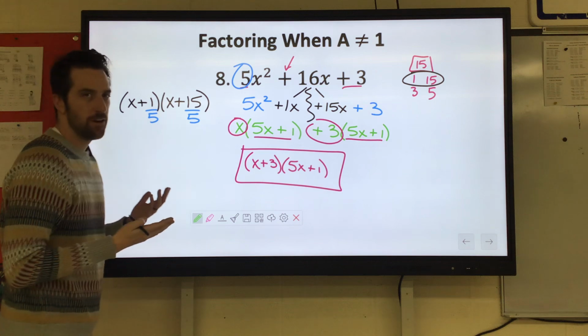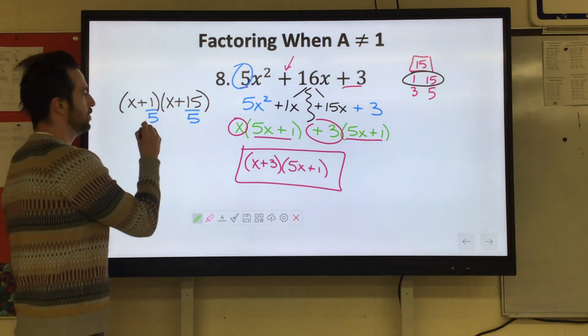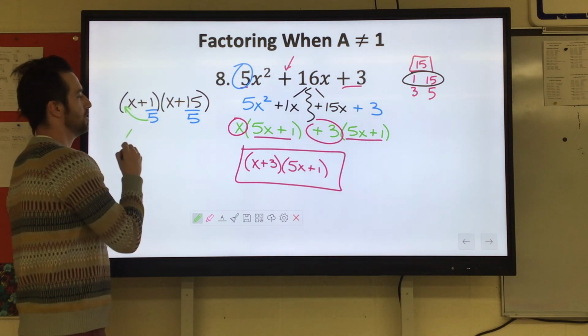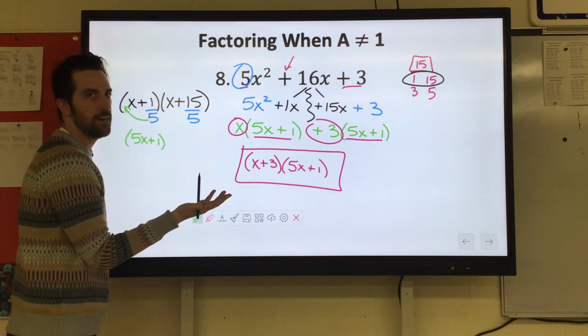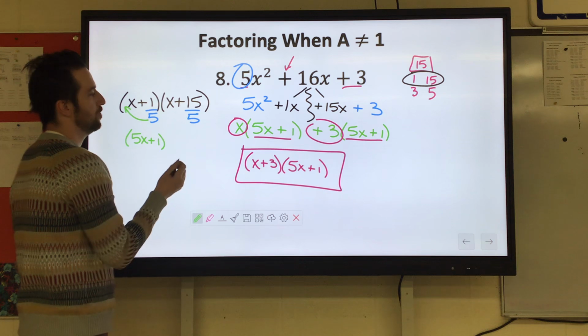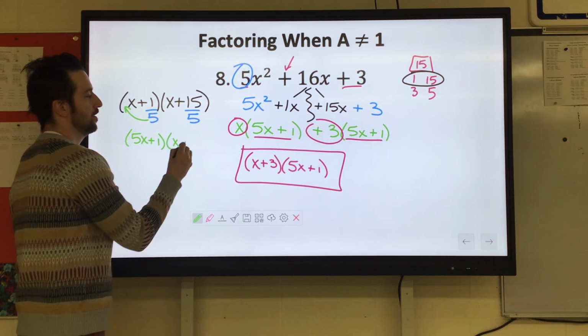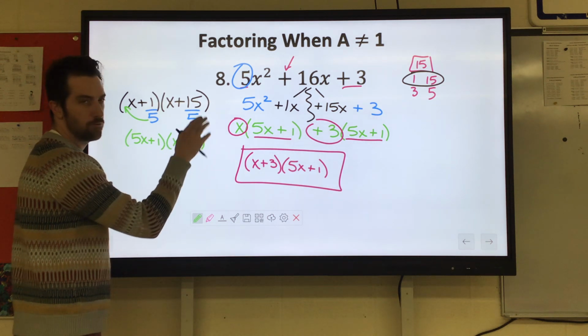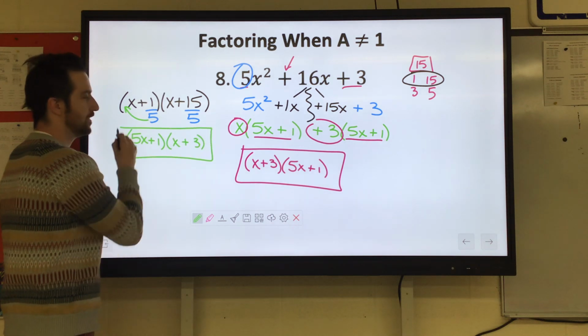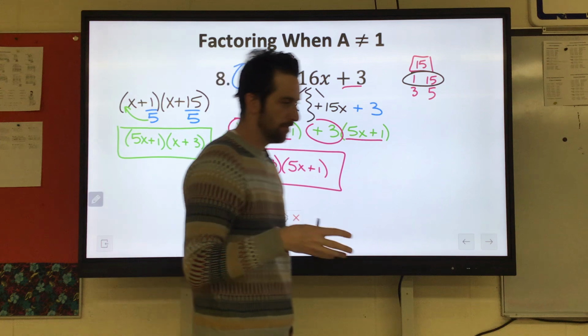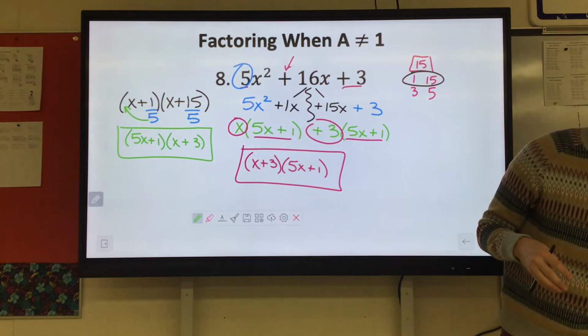I can't simplify 1 over 5 at all. So all we do is take that denominator, move it to the front, 5x plus 1. Here, we can just divide it. It divides evenly. 15 divided by 5 is 3. And you could make it 3 over 1 and move the 1 to the front. It just wouldn't change anything. Same answer either way.